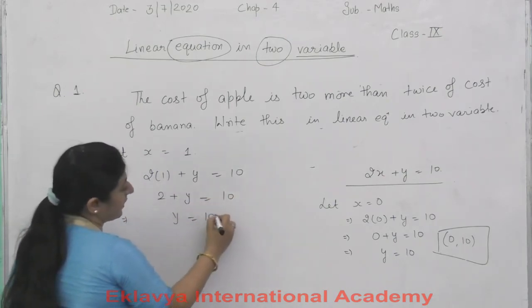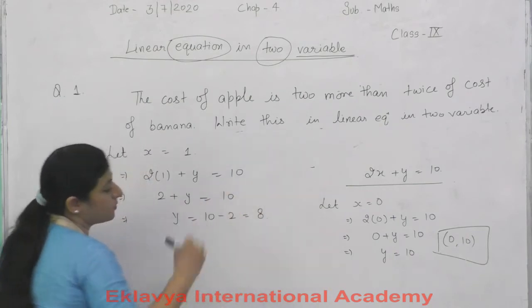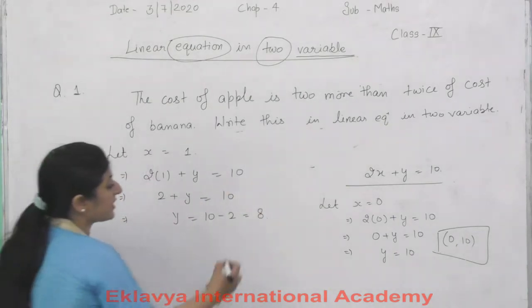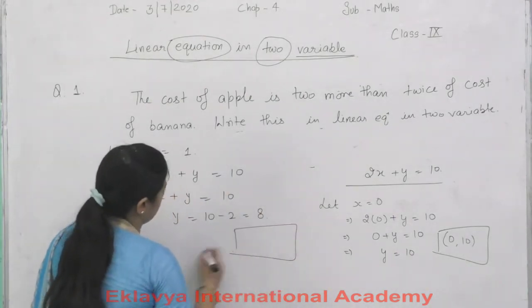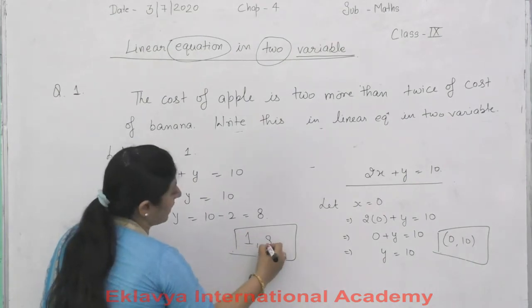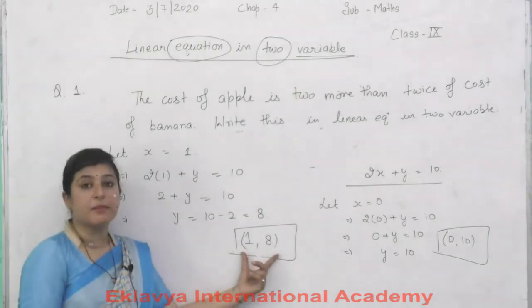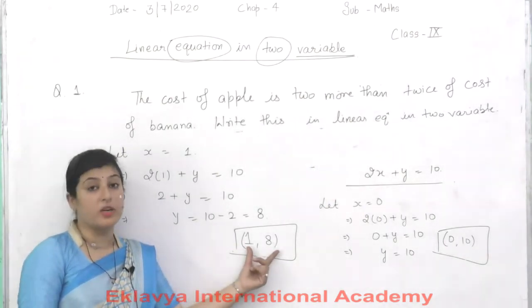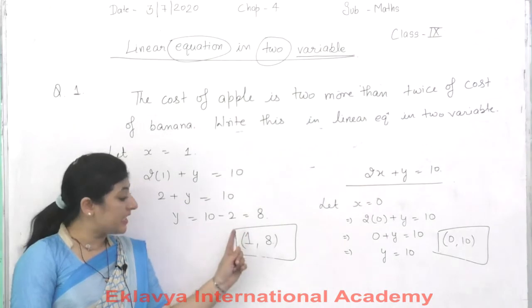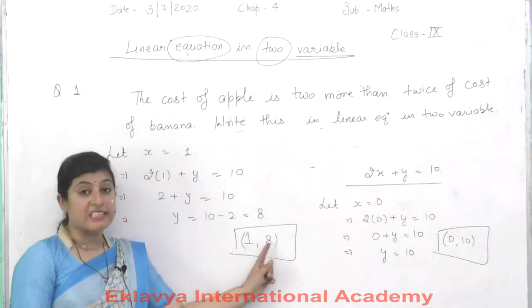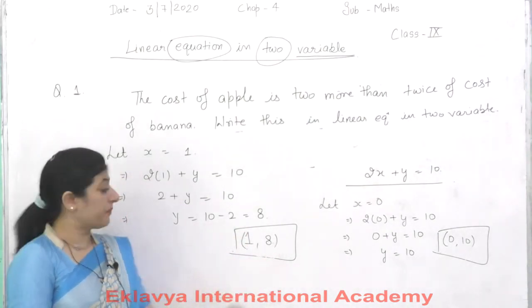Y is equal to 10 minus 2 is equal to 8. It means our solution is 1, 8. As already discussed in the third chapter, this type of pair is also called an ordered pair, which represents the first value of x and the second value of y.